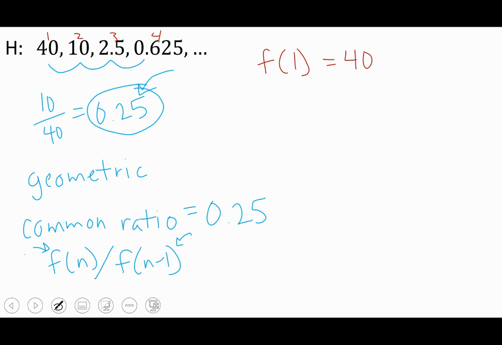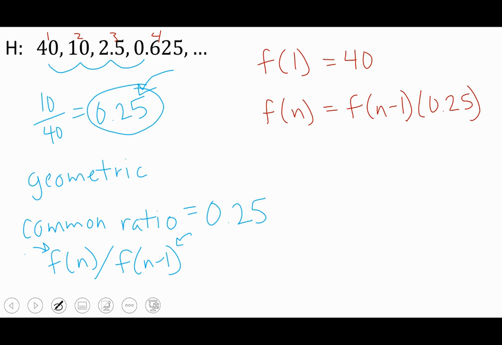The beginning term for this sequence is 40. The rest of the terms, that's why we use f of n, is equal to the term before it, f of n minus 1. And then it's tempting to say divided by 4, but instead we're going to use multiplication times 0.25.